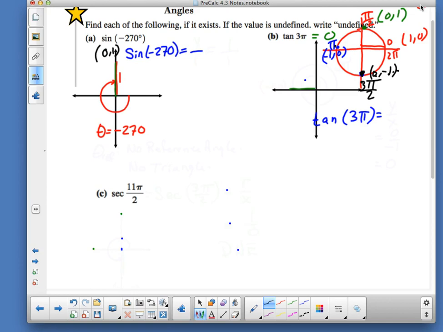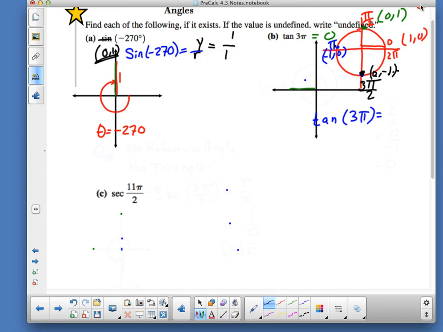I'm about to use what I just did. Because they're quadrantal, and this is 0, 1 to get there. If I go negative 270 and I'm asked for sine, what's my y value there? It's 1. And we learned that sine was our y over r, right? R here is 1 because it's the unit circle.